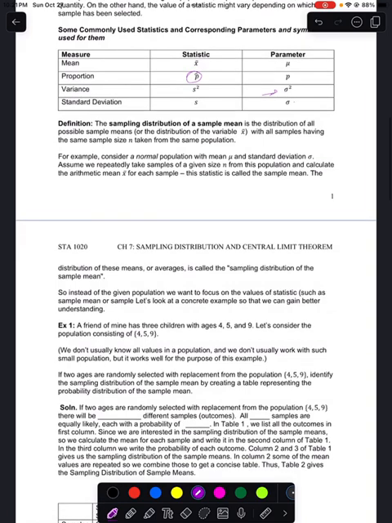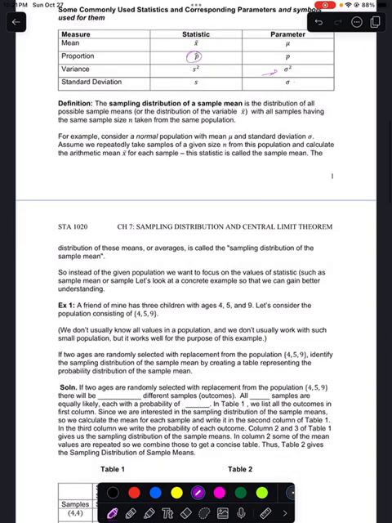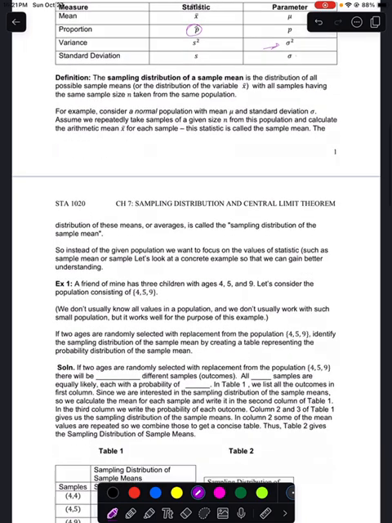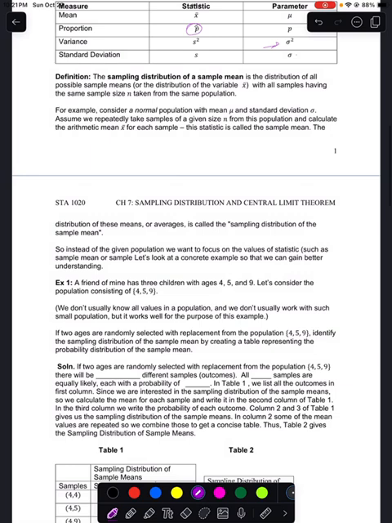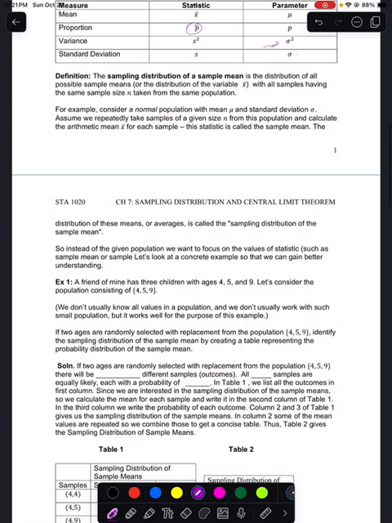In general, we don't usually take such a small population or such small samples, because usually we don't have the data for the whole population, but this example is good to understand what we mean by sampling distribution.